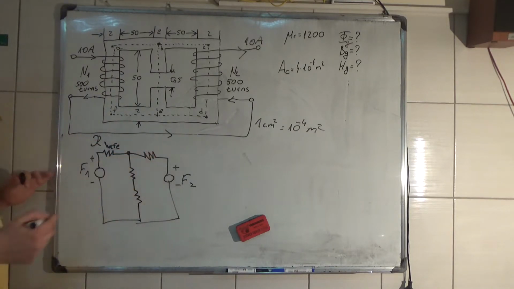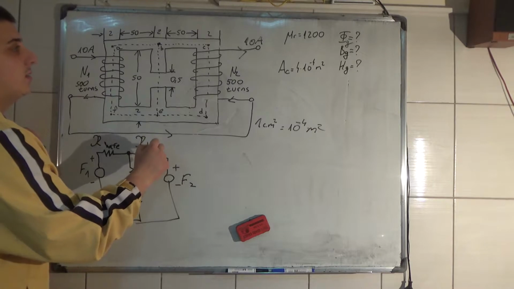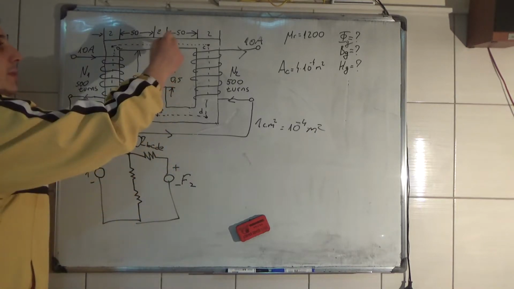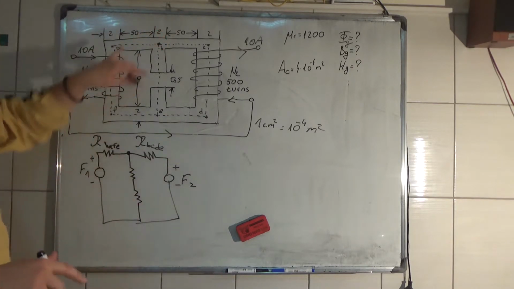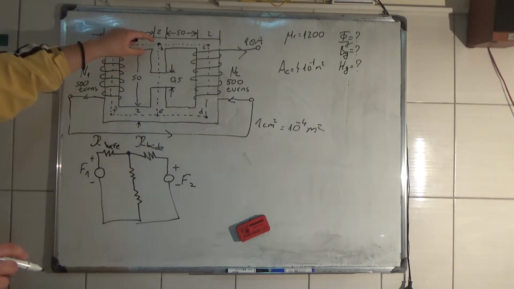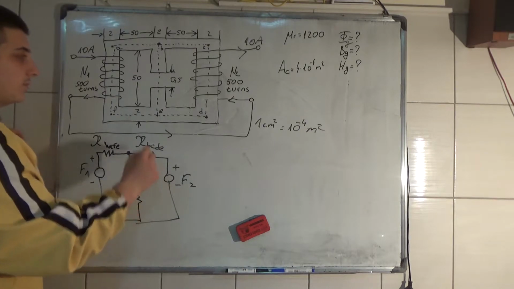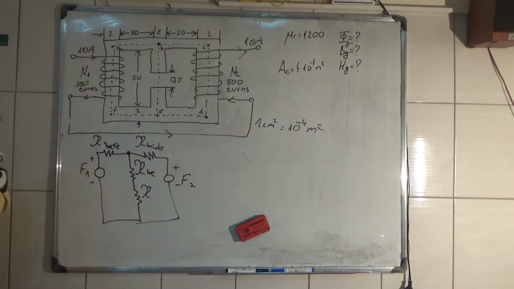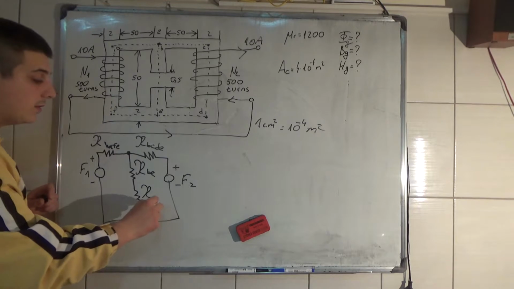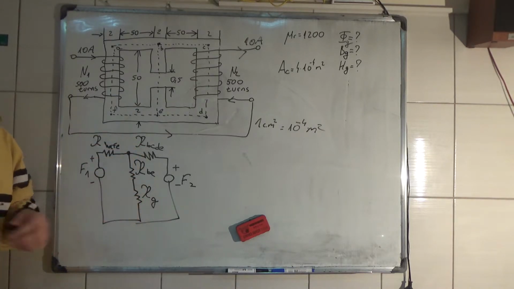Here we have the reluctance R, B, C, D, E. So from B, C, D, E, we have a reluctance in this branch, and from here to here we have the reluctance from B to E, and we have the reluctance of the air gap. Now we are going to calculate the reluctances of this.